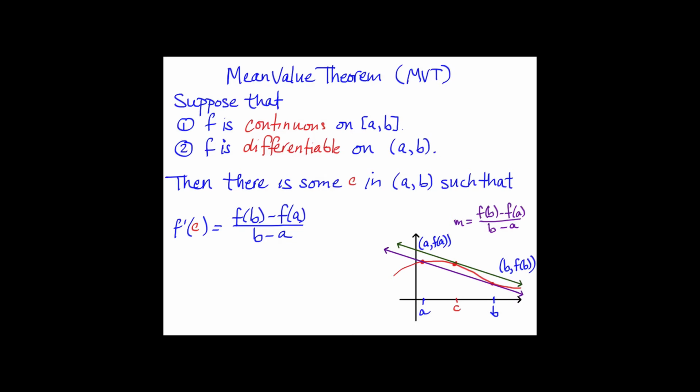So that means that the tangent line is parallel to the secant line. All right, so that's all the mean value theorem says.